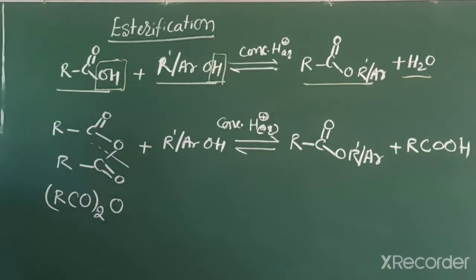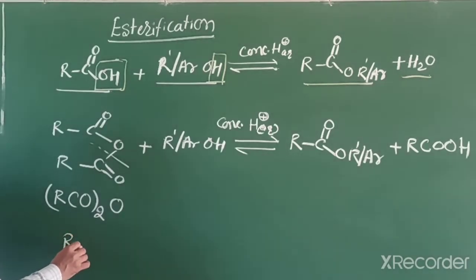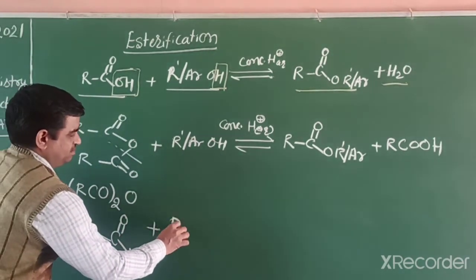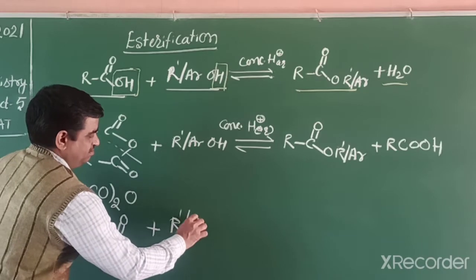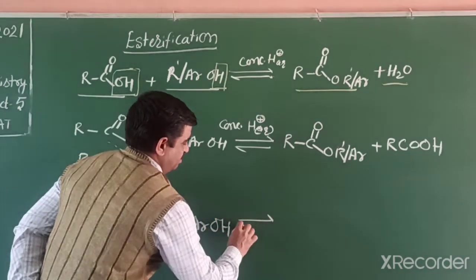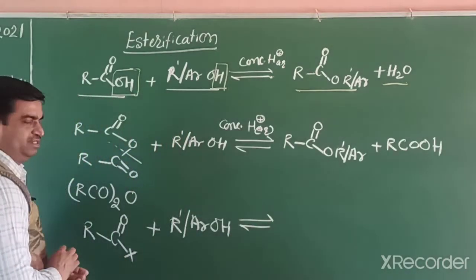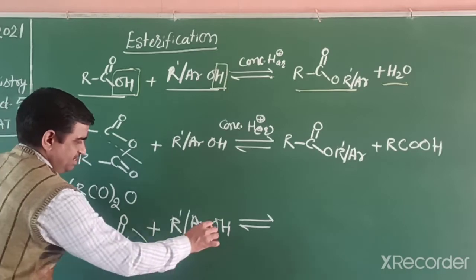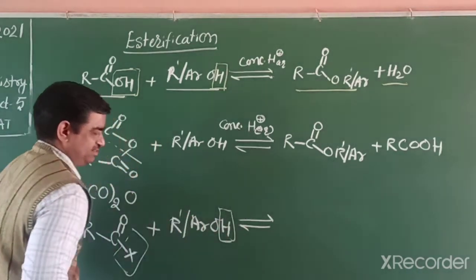Another reagent we can write here for esterification is acyl halide. In acyl halide, RCOX, the acyl halide reacts with alcohol or phenol and converts. In this case, the product includes HX, which means removal of HX.